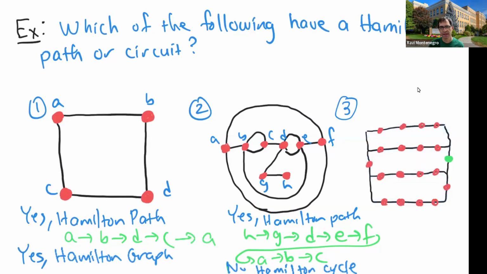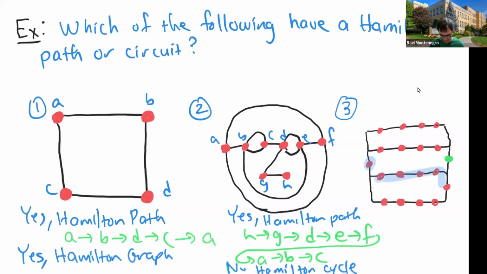If there's a Hamilton cycle, I start and end at the same place. This is going to cause a problem because there's sort of a top block and a bottom block. And there's only one way to get between them. And so if I start on either the top or the bottom and cross to the other side, I must go through this point and I can't return through it without repeating.